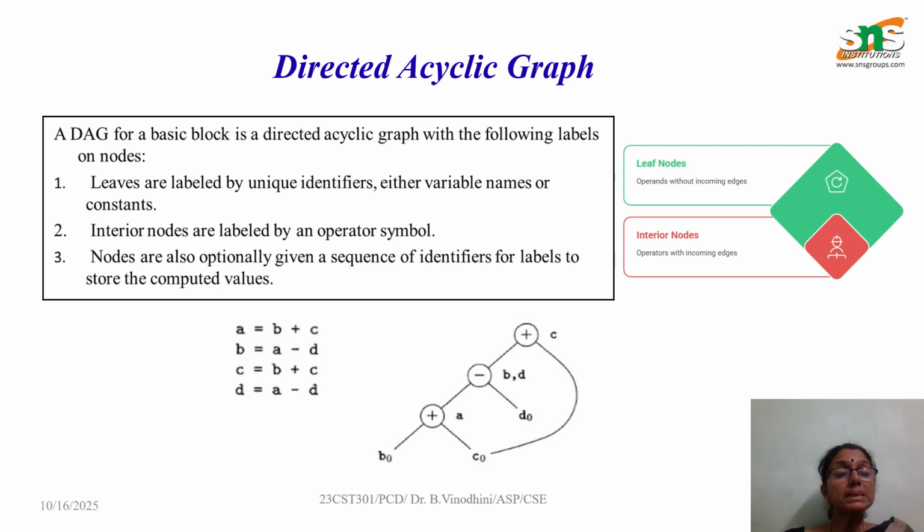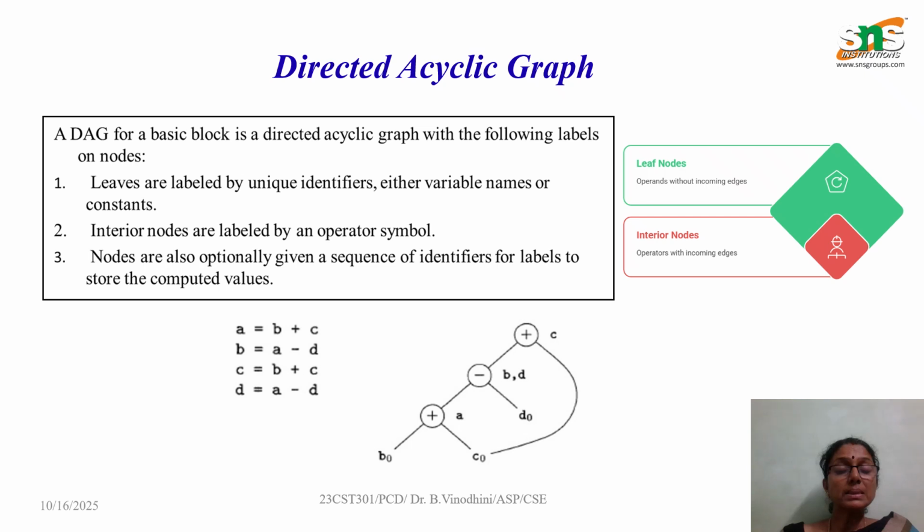Nodes are also optionally given a sequence of identifiers as labels that could be attached to the particular node. In the directed acyclic graph, we have two kinds of nodes: the leaf nodes and the internal nodes. The leaf nodes represent the operands and the internal nodes represent the operators.